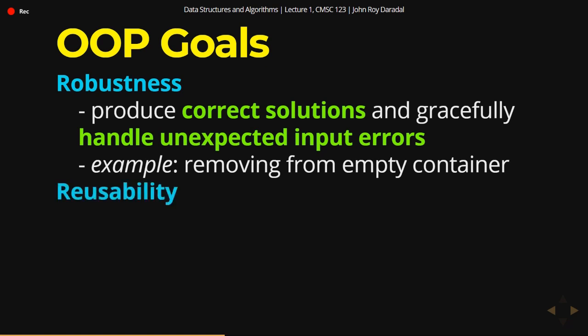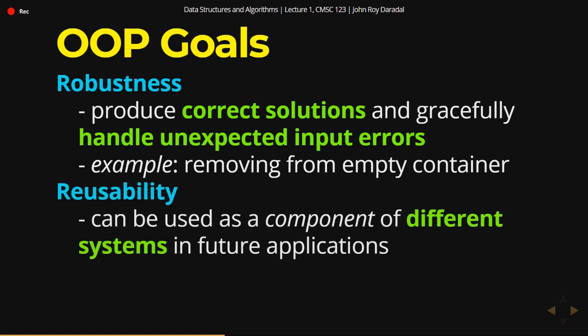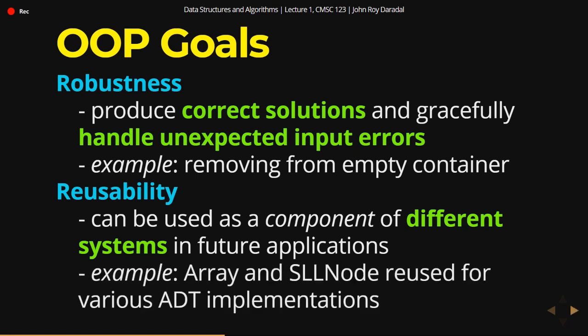Next is reusability. Our OOP code should be able to be used as a component of different systems in future applications. So it's not only used in one app, but maybe it's also used in another app. As an example, later on in lab number 3, we will be implementing the array and SLL node classes.